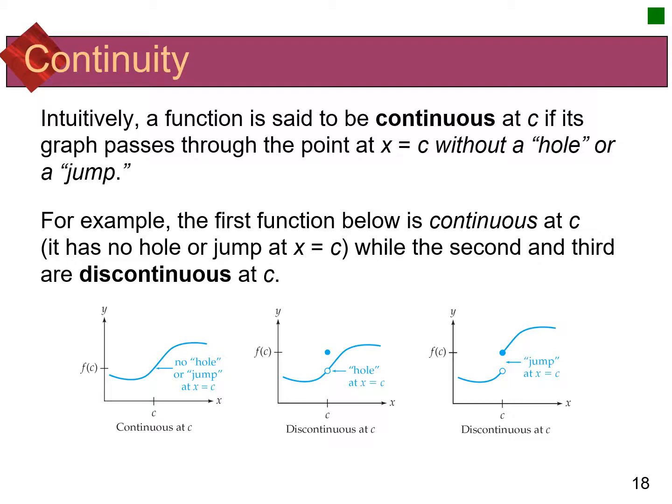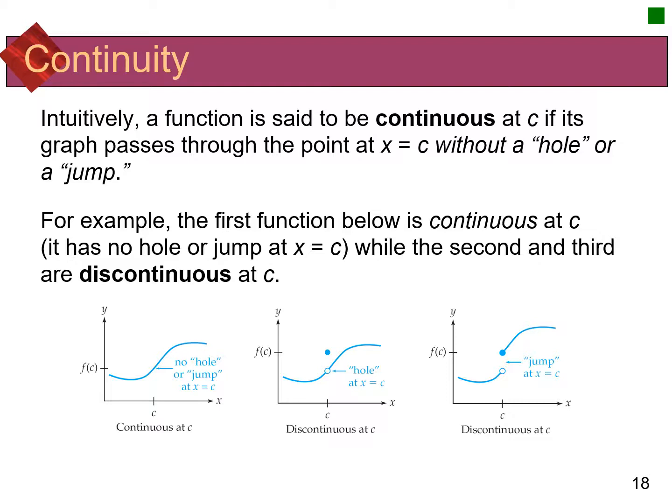Anything where my domain might be restricted in some way also tends to cause potential issues with whether or not the function is continuous. Also, when I deal with piecewise functions, it's another circumstance where I tend to be looking at possibilities of functions being discontinuous at specific values of x.